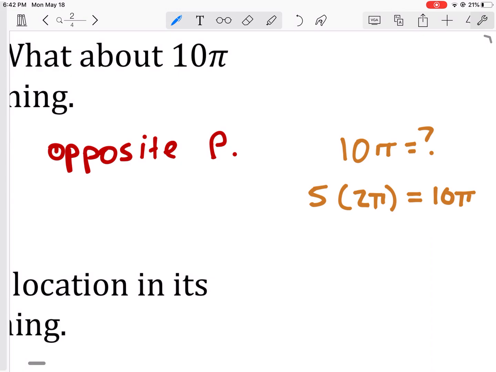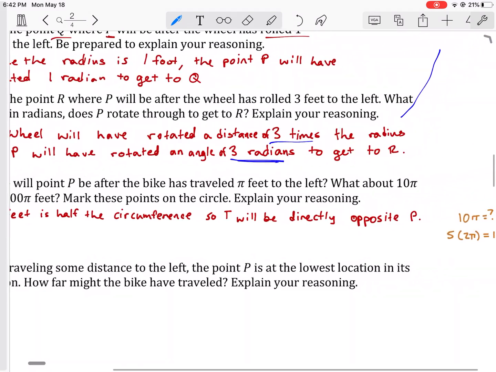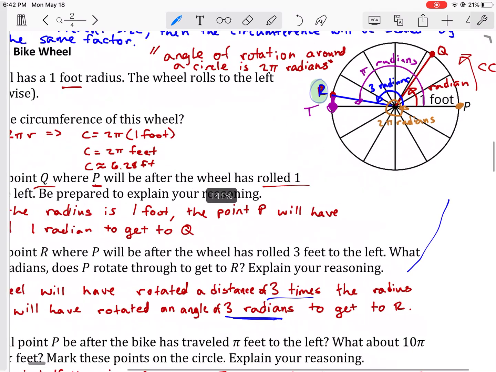So basically that would just be 5 full revolutions. So that should take us back to the same spot P was at. We'd go 2 pi once, 2 pi again, so that's 4 pi, 6 pi, 8 pi, 10 pi would be back at point P.